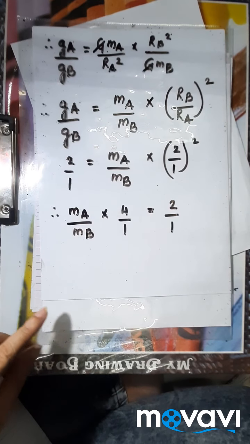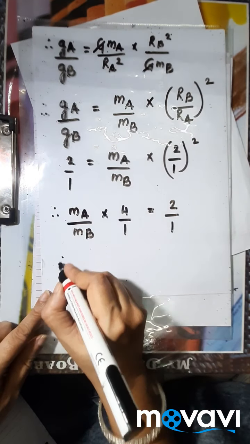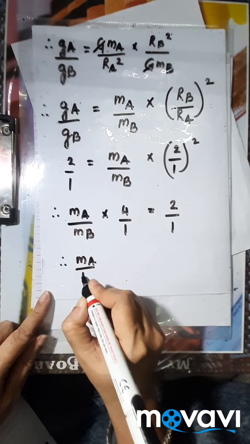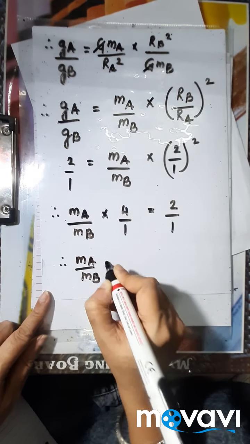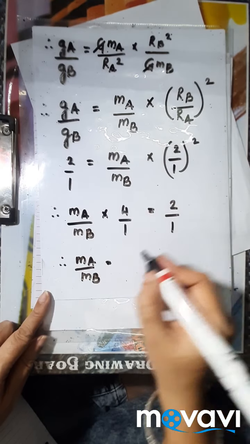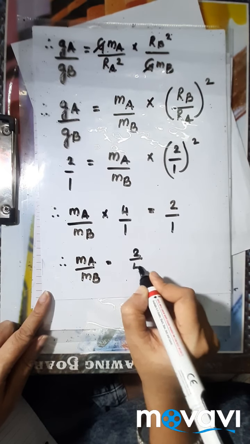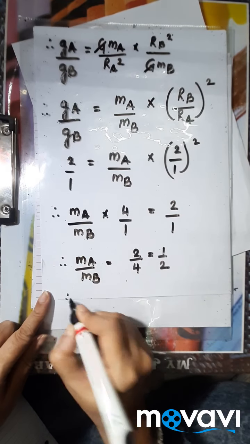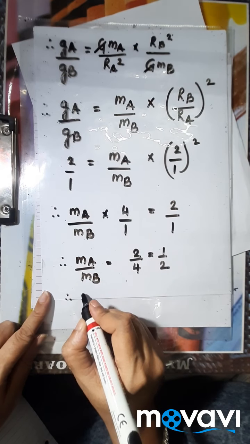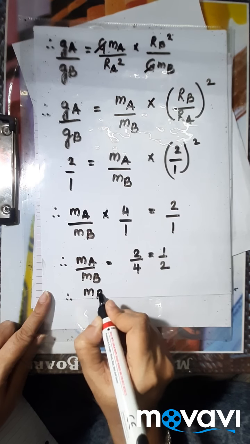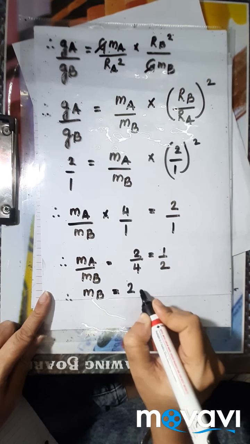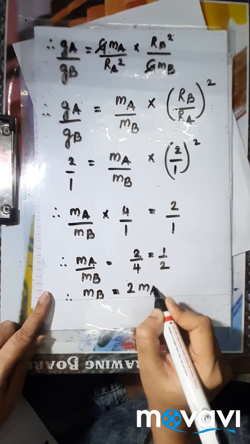Is that clear? Therefore, MA upon MB is equal to, this 4 will go down, it becomes 2 upon 4, which is equal to half. Therefore, if I cross multiply, mass on planet B is equal to twice mass on planet A.